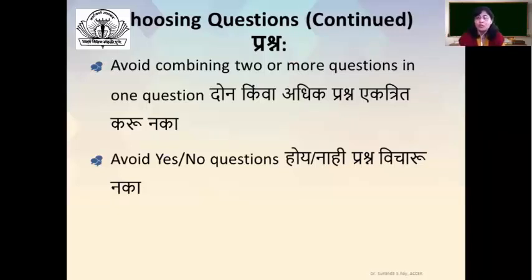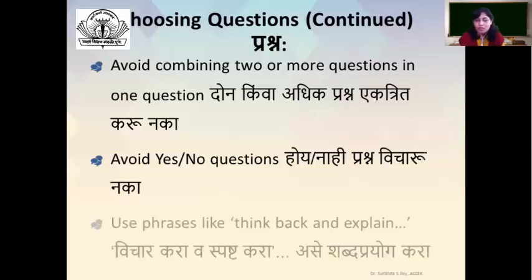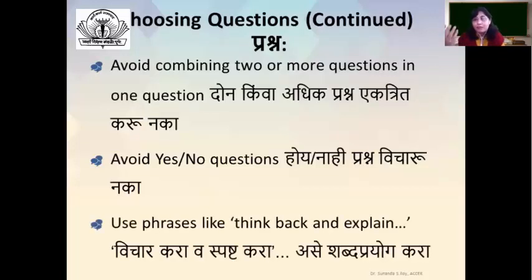In case you need to use yes, no questions, then you need to ask them why, or you could paraphrase it by saying, think back and explain. What were your experiences? How would you describe your experiences? Can you talk about what happened at that particular time?